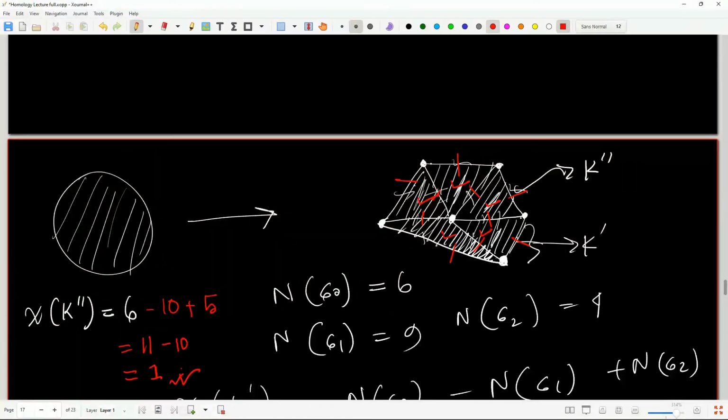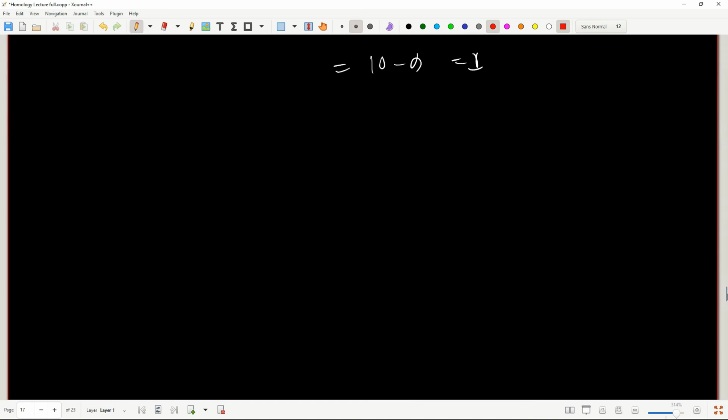With that, let us conclude the long discussion on the Euler characteristic that we have been having so far. And since our Euler characteristic is tied to the homology groups, to see this relationship, we can define something called a Betti number.